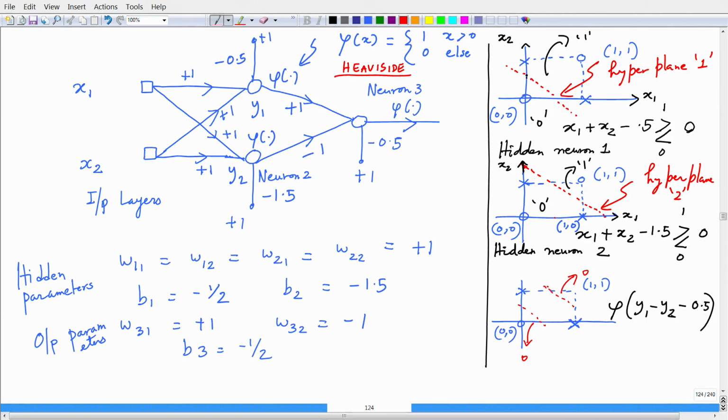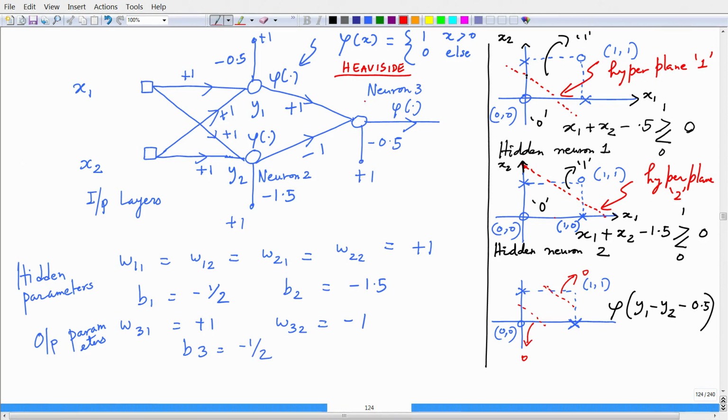So, what we do is we start with a hidden layer comprising 2 neurons, and we start with synaptic weights that connect the inputs to the hidden neurons, and they are fully connected. Then we have synaptic weights that connect the hidden neurons to the output neuron.